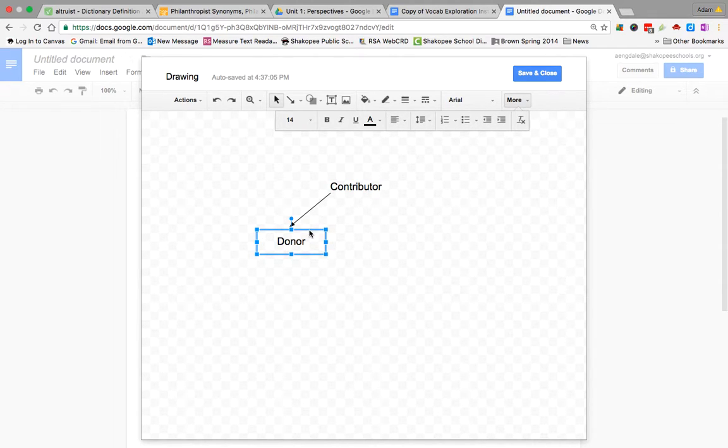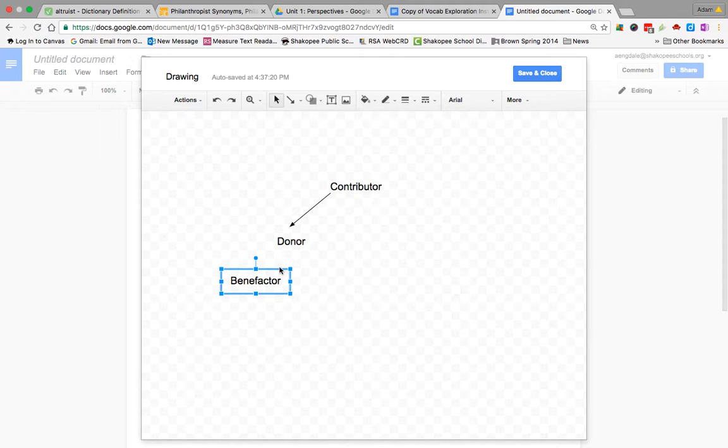And the way my mind was working right now, I'm going to go ahead and create another one. I said benefactor is not as big to me as philanthropist. I think you're giving more money if you're a philanthropist. Let me copy that, paste it.